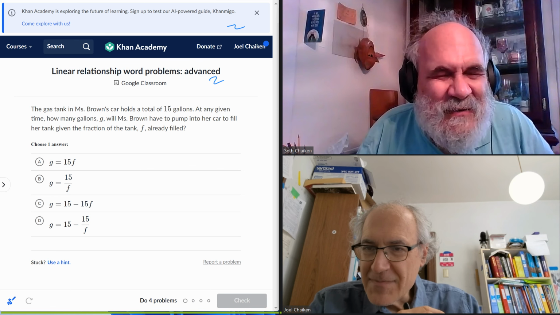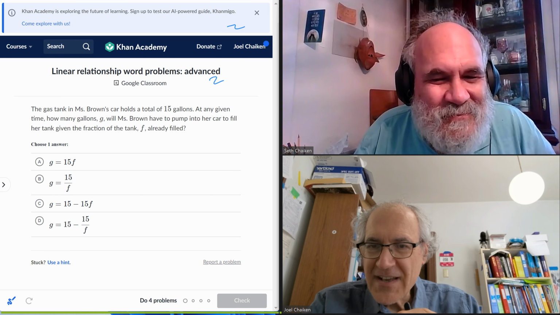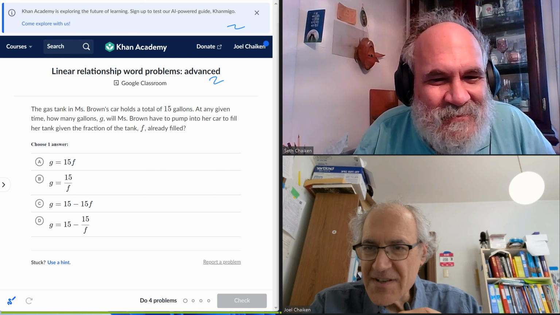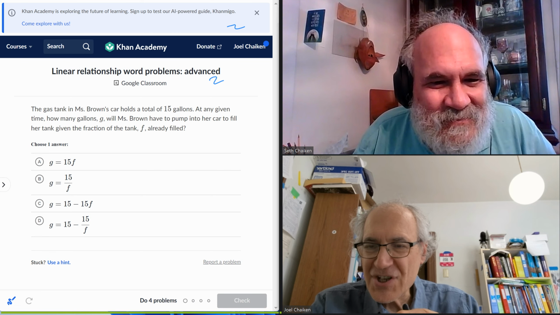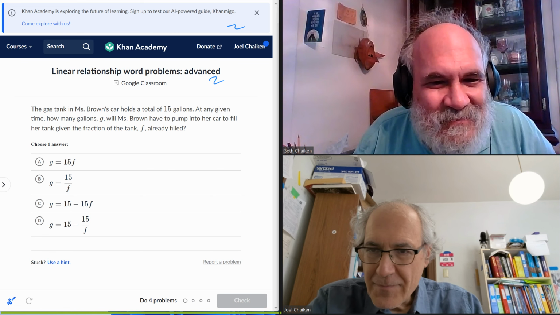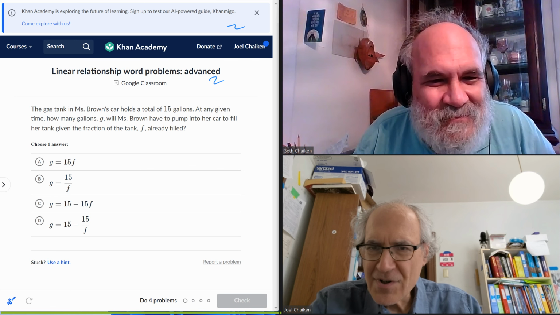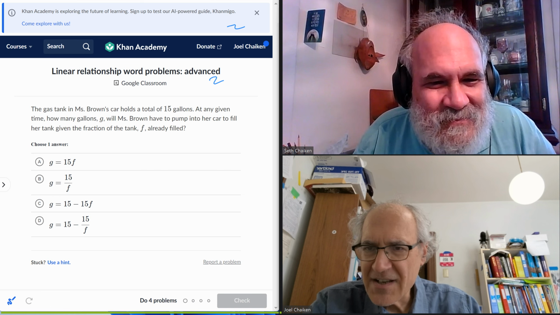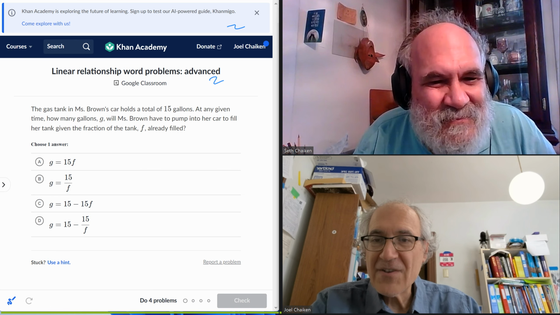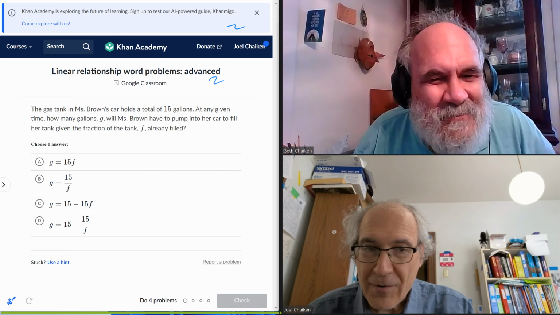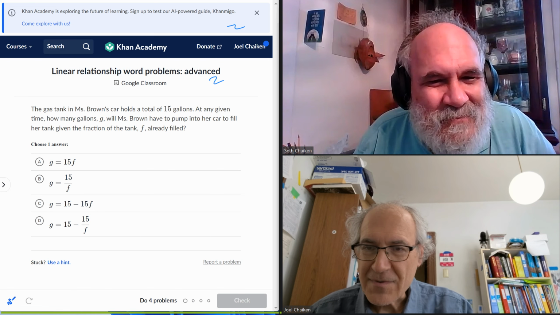The gas tank in Ms. Brown's car holds a total of 15 gallons at any given time. How many gallons G will Ms. Brown have to pump into her car to fill her tank, given the fraction of the tank F already filled? Wow, you've got to figure this out, don't you? This is algebraic.